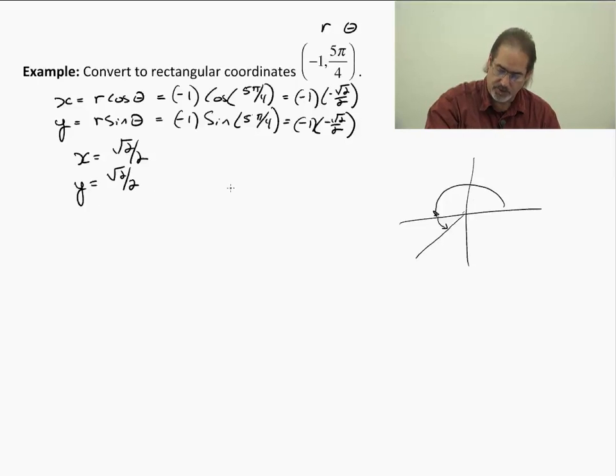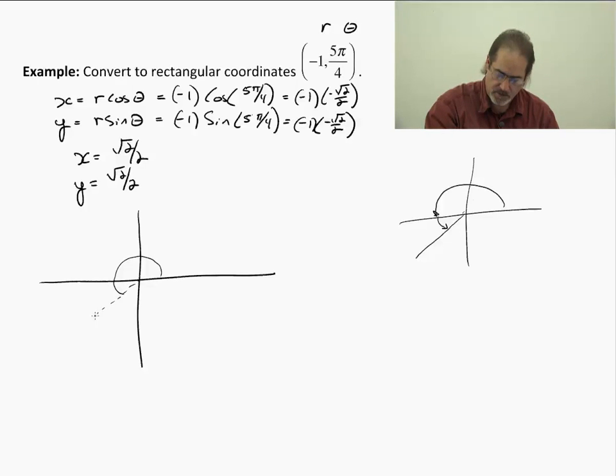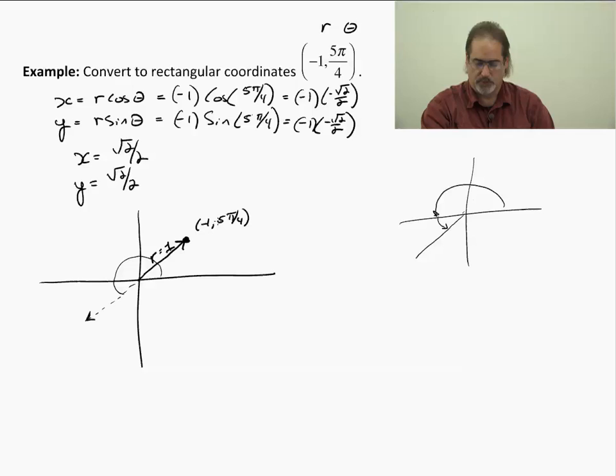Let's draw this real quickly. So here's my polar axes. I go to 5 pi over 4, which is over here. But my distance is -1, so I'll go in the opposite direction, a distance of r equals 1. Okay, it's -1, but it's the opposite direction of what I'm pointing. And here's my point, -1, 5 pi over 4 in polar coordinates.